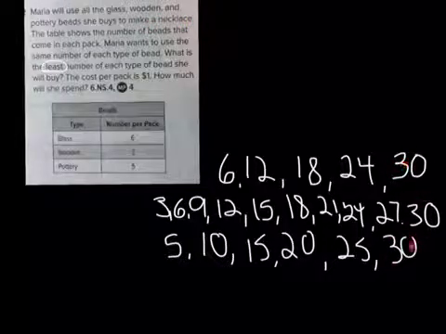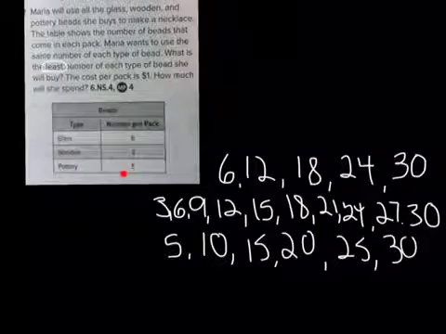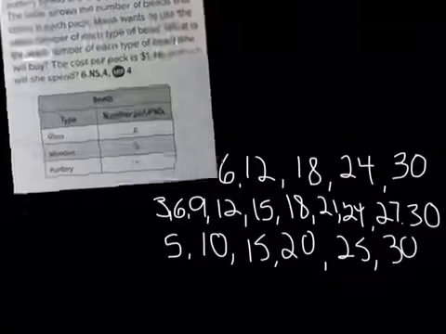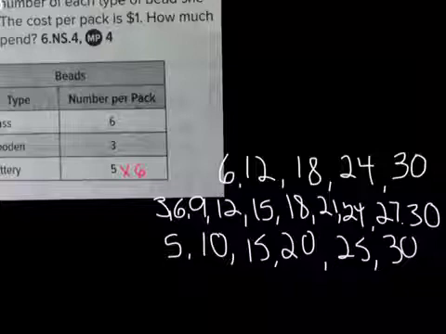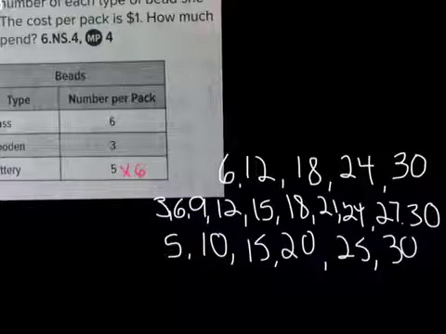So 30 beads, but this one comes in packs of 6, this one comes in packs of 3, and this one comes in packs of 5. So how many of these do I have to buy? How many of the packs of 5 do I need to buy to get 30? Well, if you're thinking of buying 6, you are correct, because 5 times 6 is 30, right?